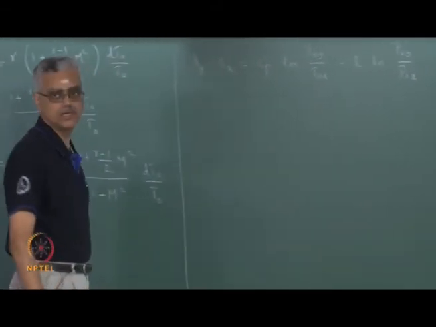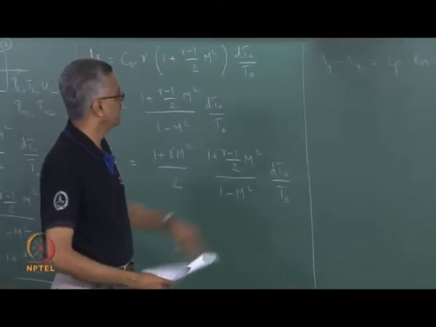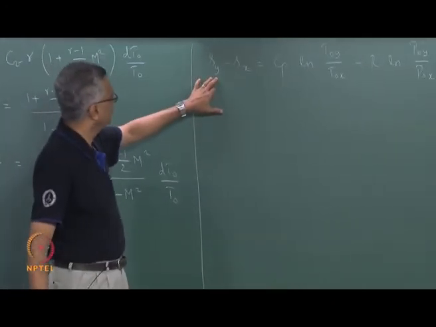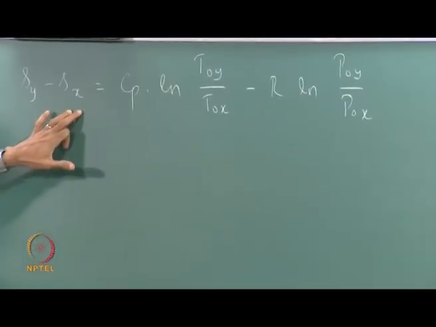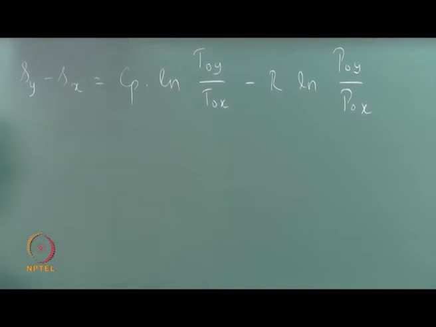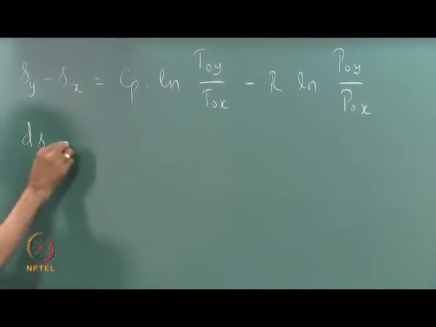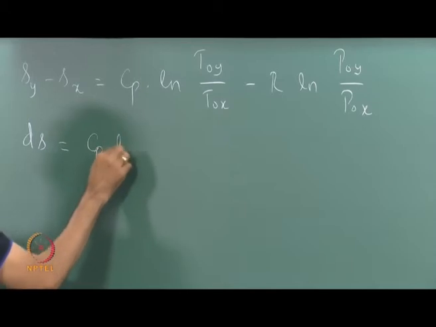If I take state y to be infinitesimally different from state x, then I can write this entropy change as follows. So, ds is equal to Cp times natural log.